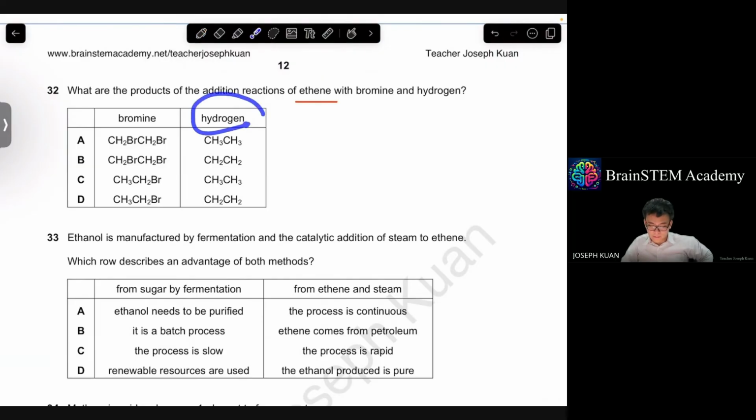With hydrogen, we will form alkane. With bromine, it forms a dibromoalkane, not single, because bromine carries 2 atoms, so there will be 2 atoms that get added to the molecule.